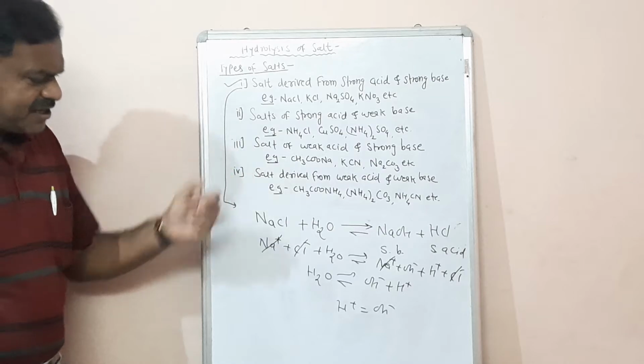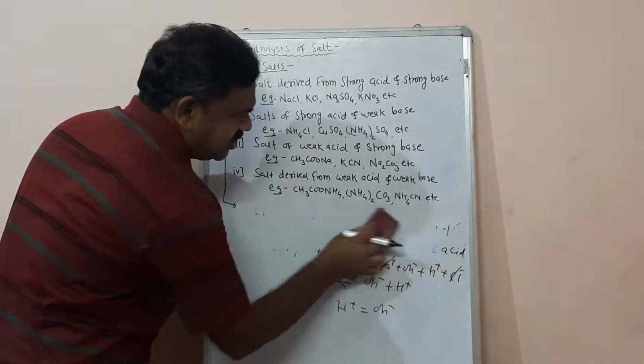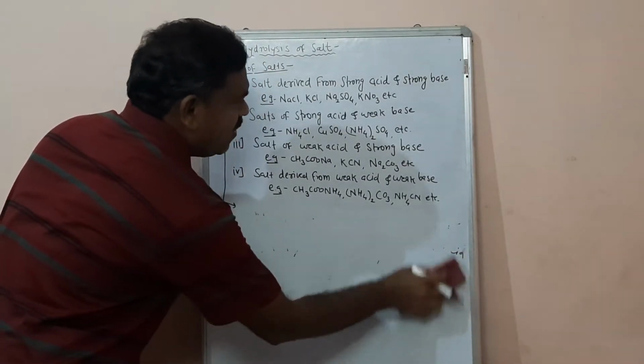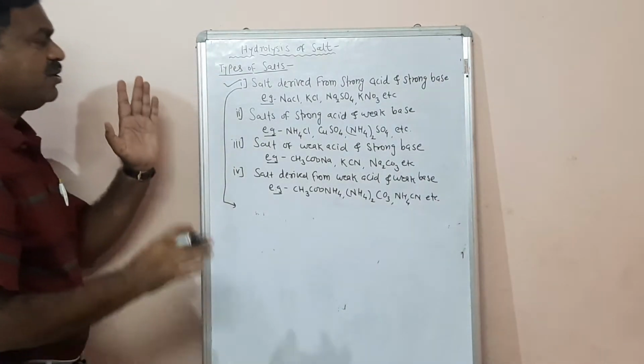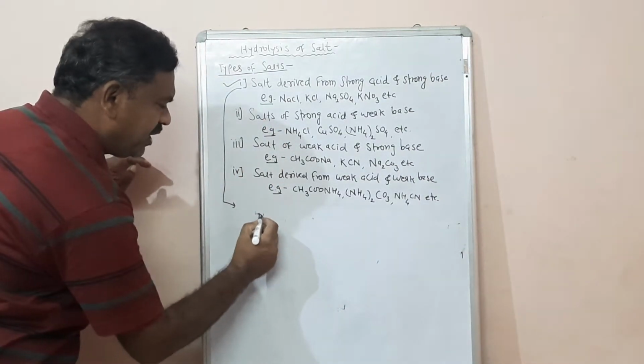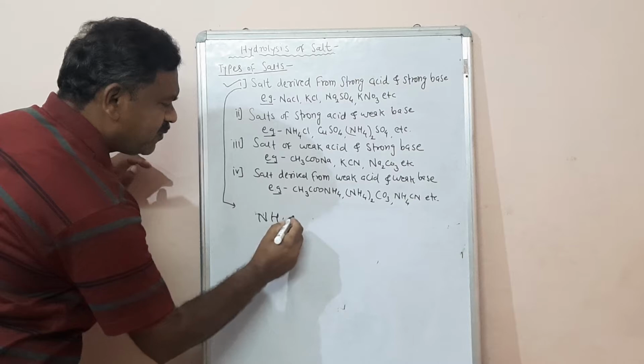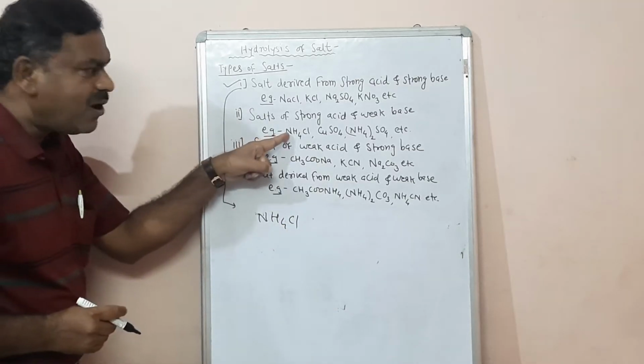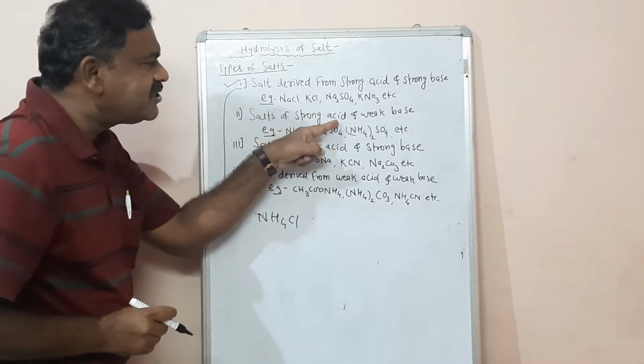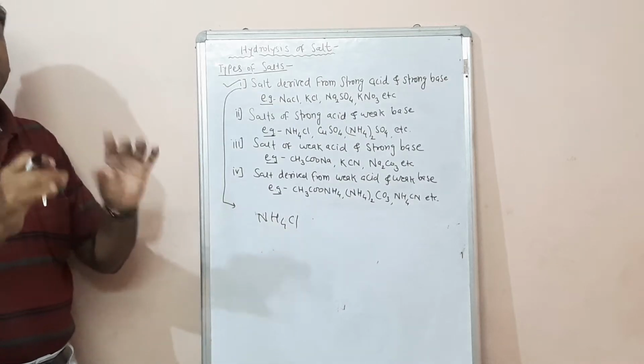Now, let us consider the salt of a strong acid and a weak base. For example, ammonium chloride, NH4Cl, is the salt of a strong acid and a weak base.